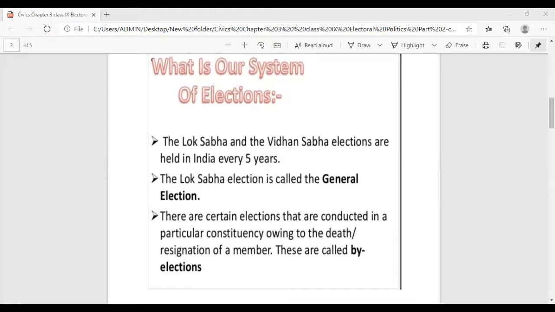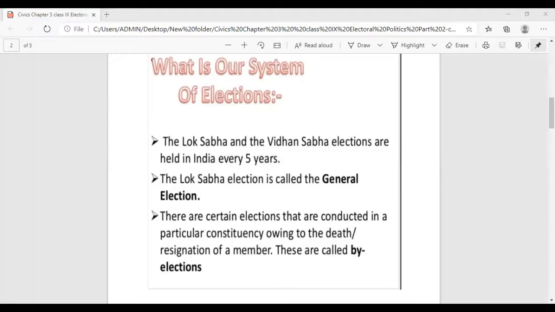Elections are held in all constituencies at the same time, either on the same day or within a few days. This is called a general election. And a by-election, which does not occur very frequently, happens in a single constituency only to fill a vacancy due to death or resignation of a member.